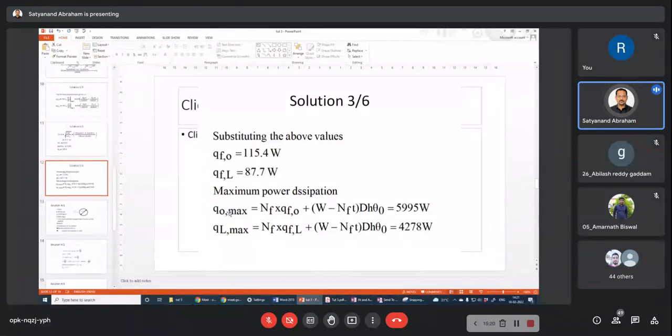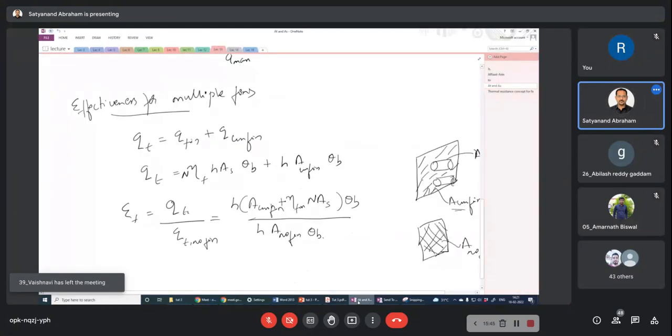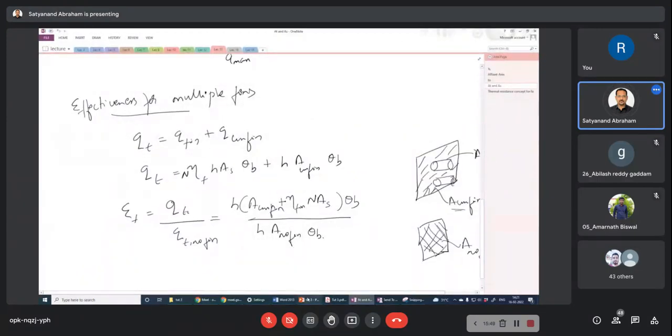So Q0 max divided by QL max plus QL max gives us the total power dissipated divided by only this much. W minus NFT, DH into theta 0 for Q0 max as well as this term. Both these terms summed together give us the heat transfer from the no fin area. That gives us the total effectiveness.